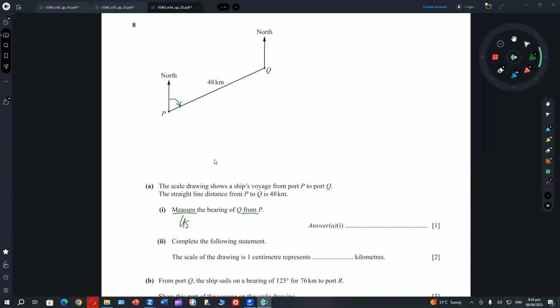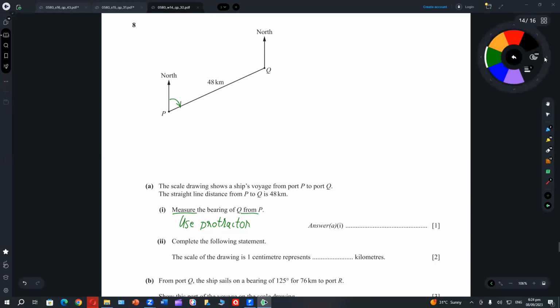Read the question again. Use protractor, measure the bearing of Q from P. So I have marked it here, and you can look at the diagram, and once you get the protractor next time, I show you how you will put the protractor.